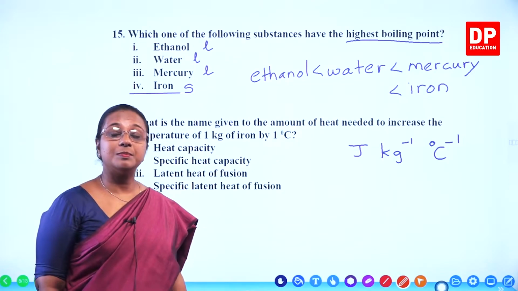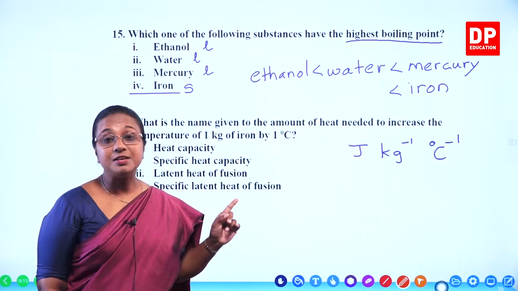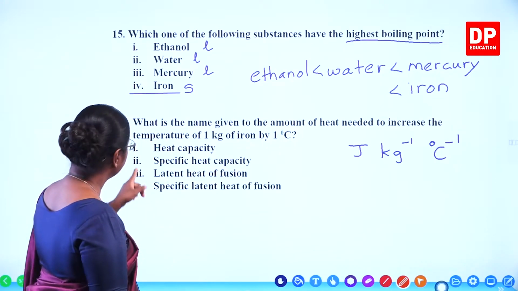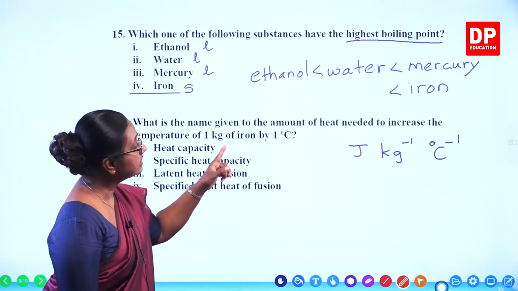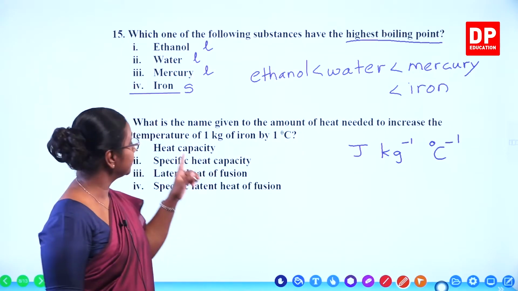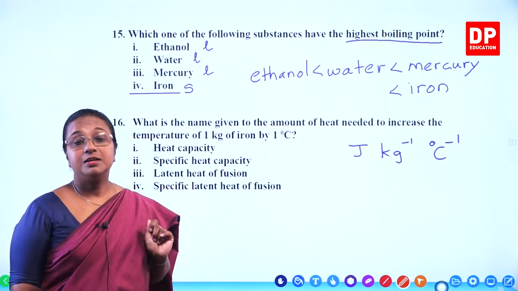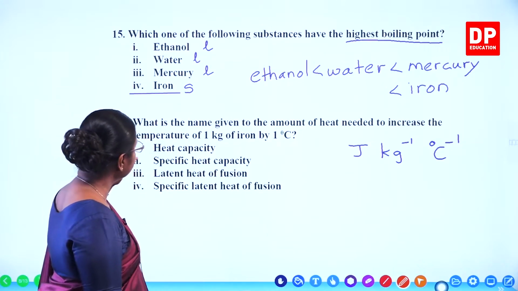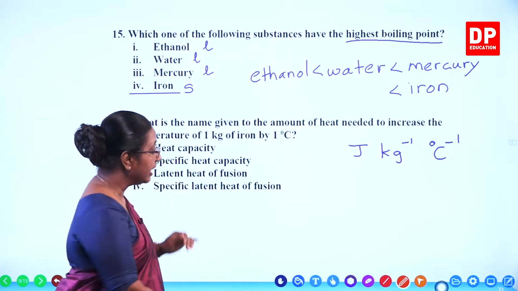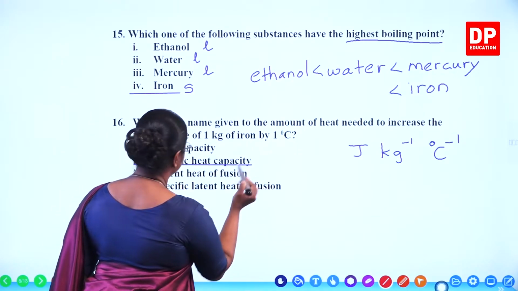Joules per kilogram per degree Celsius, that is the unit of what? Specific heat capacity. Heat capacity, we don't consider the mass. It is the heat needed to increase the temperature by 1 unit temperature of a certain amount of substance. So here it is not heat capacity. It has to be specific heat capacity.